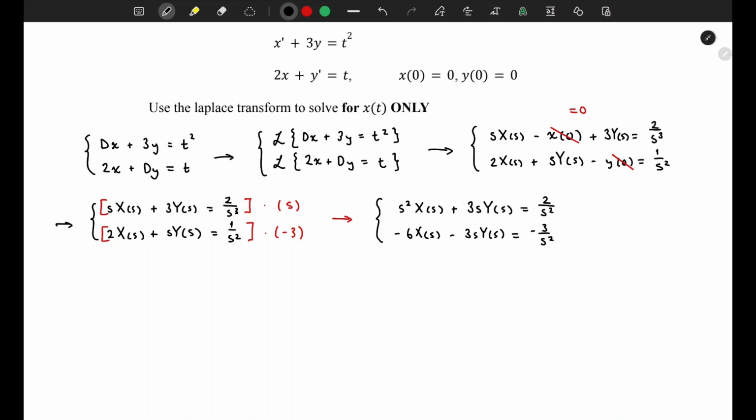Okay, so now we can actually add our equations. And you'll see that once we add them, this will cancel out with that.